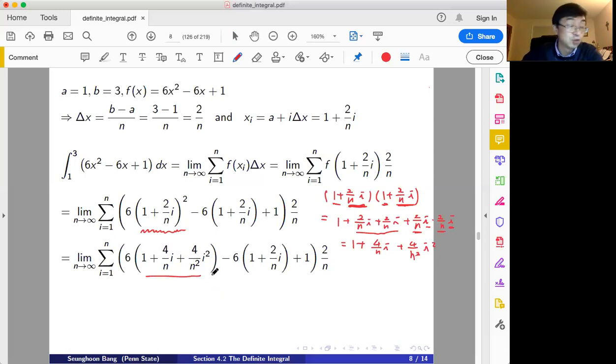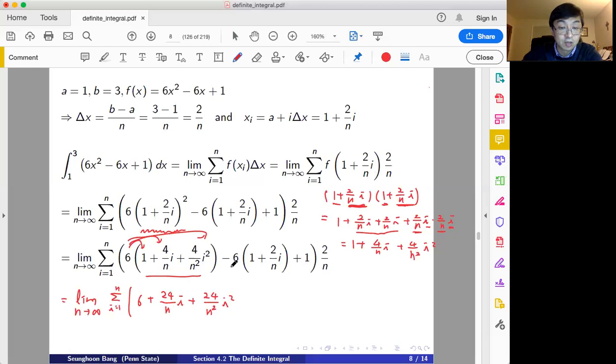The next thing, you have to distribute 6. Same limit as n approaches infinity, summation from i equal to 1 to n. You can distribute 6. So 6 times 1 is 6. 6 times 4 is 24 over n i, plus, same, 6 times 4 is 24 over n squared times i squared.